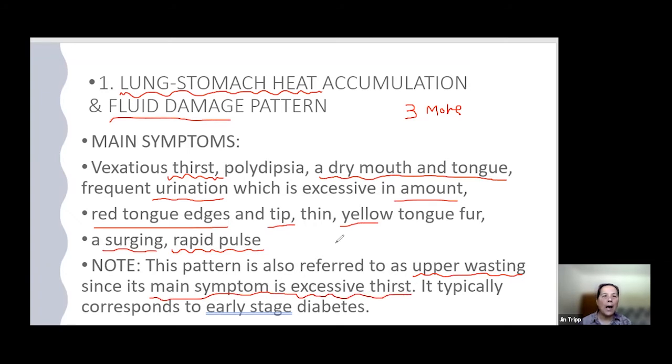This kind of pattern usually happens in the early stage of diabetes. The patient may not have other symptoms, but just thirst, always trying to drink water. After drinking water, they still feel dry mouth and dry tongue.